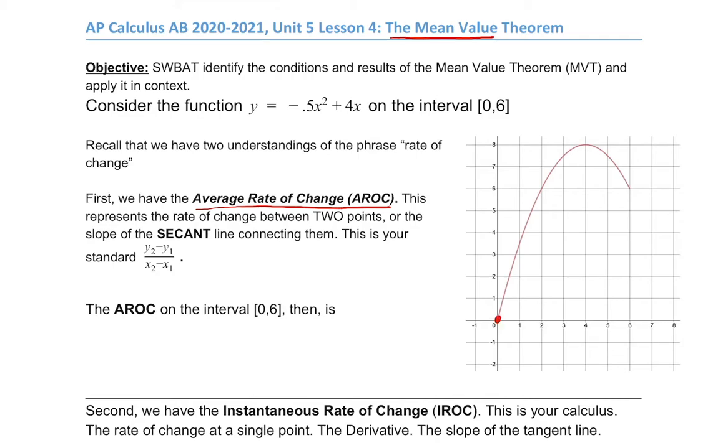If we take the slope between point A, 0, 0, and point B, 6, 6, and we find the slope of that line, right? Your standard y2 minus y1 over x2 minus x1, the average rate of change is 1.